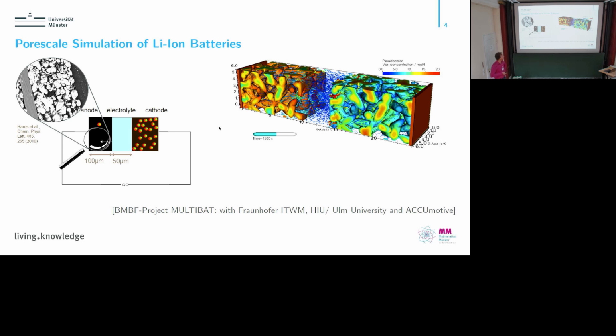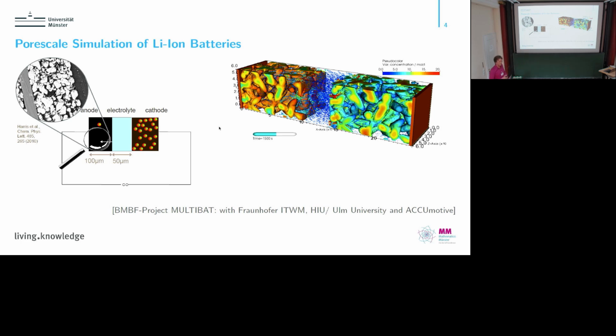One of the degradation processes is lithium-ion plating, which means that the lithium ions go into the metallic phase and they build metallic dendrites, and this in the end can lead to a shortcut in the electric circuit, and this is usually what then lets the battery explode.